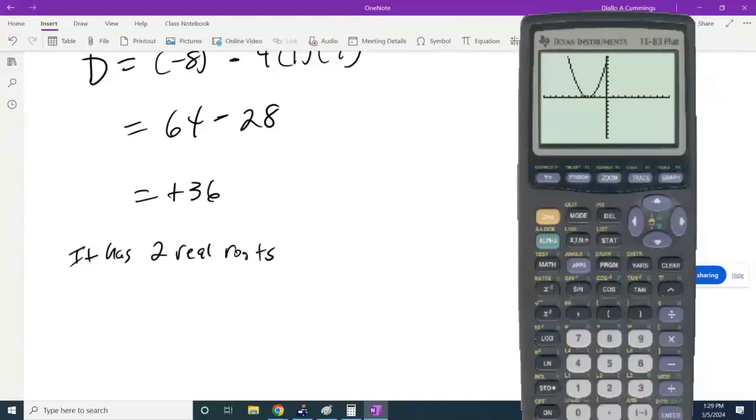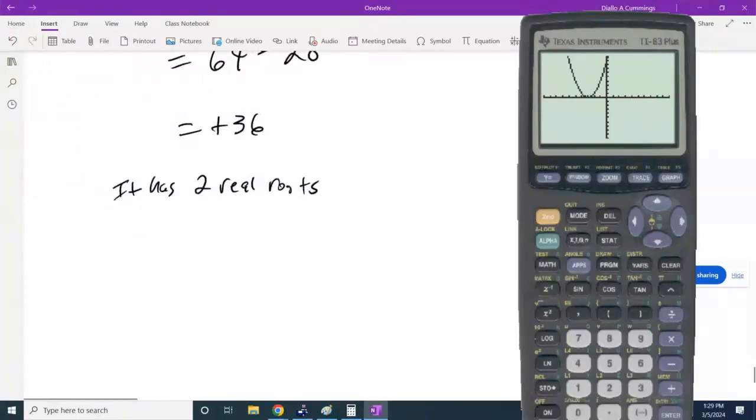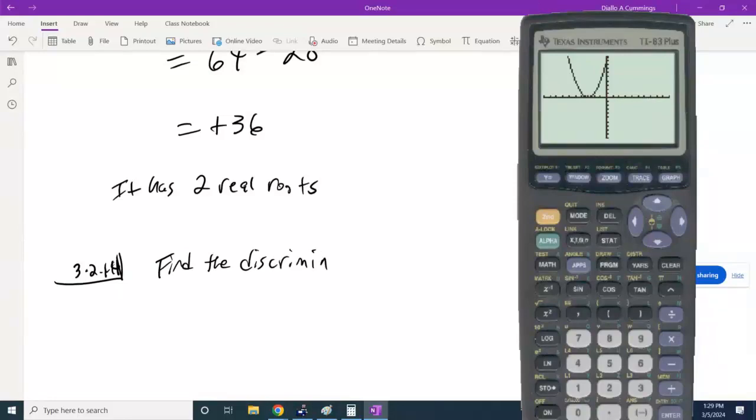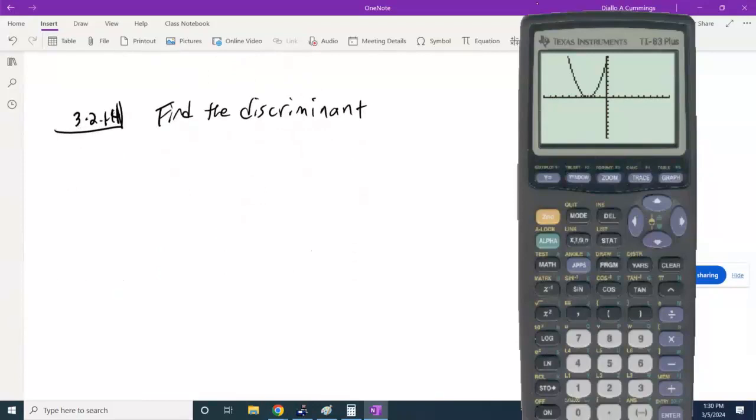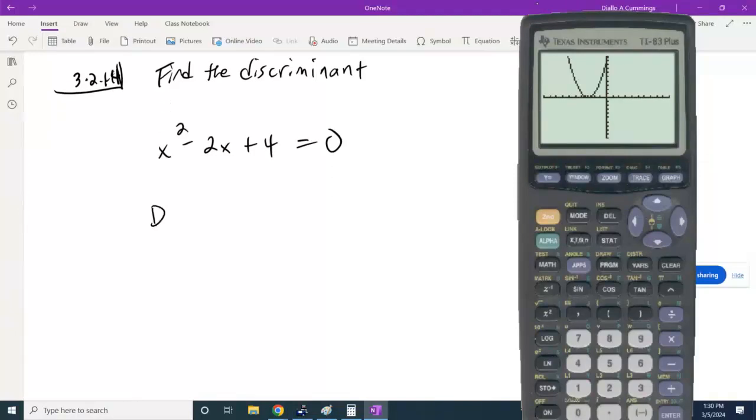And we'll take a look at another one. This is similar to your problem number 14, 3.2 number 14. Find the discriminant. X squared minus 2x plus 4 equal to 0. Right, so I'm going to do the same thing. I'm going to write out the discriminant formula.